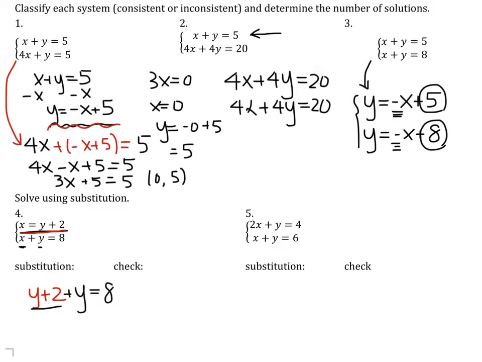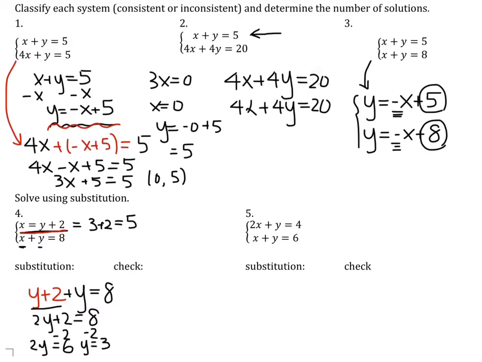So y plus y, we have 2y plus 2 equals 8. As I subtract 2 from both sides, we have 2y equals 6. So my y is going to be 3. And that means as I plug it back into the equation, x equals y plus 2 means that x is going to be 3 plus 2, and that's 5.